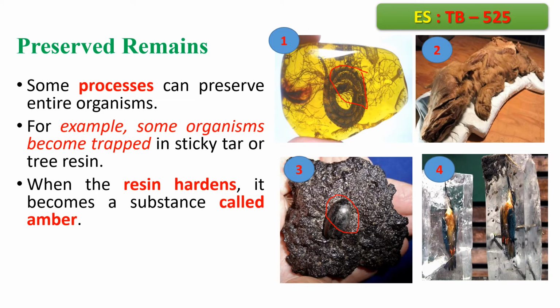Look at figures number 1 and 3. Figure 1 is an example of amber, with a small snake inside that amber. Figure 3 shows an insect trapped inside the tar.